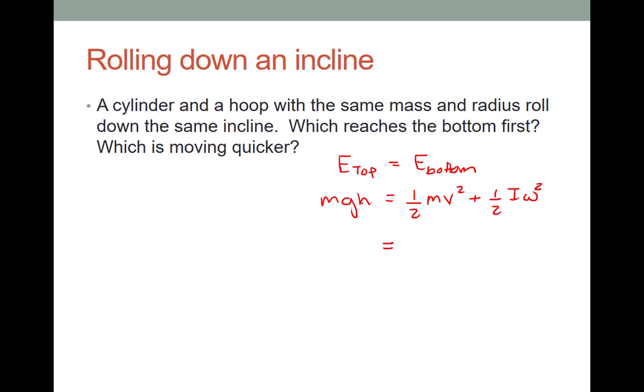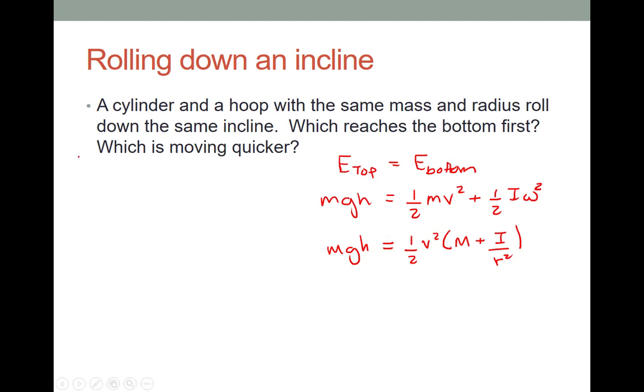And just as I did before, I can plug in and factor out that omega is v over R. At this point for this analysis, before I can proceed onward, I need to know what the moments of inertia are.